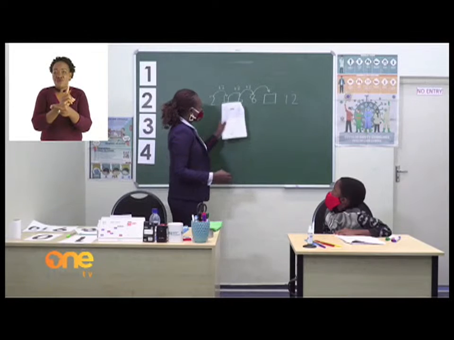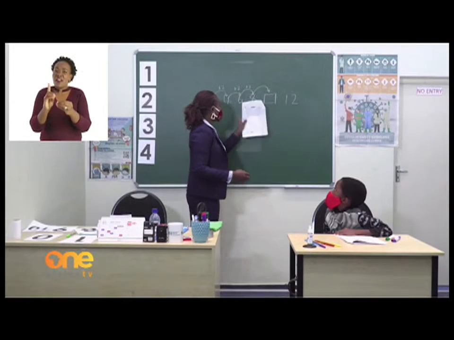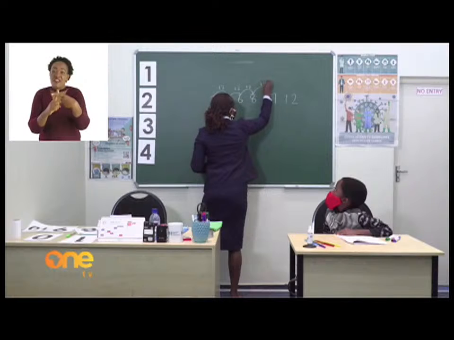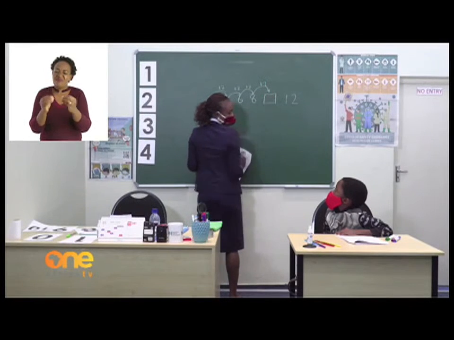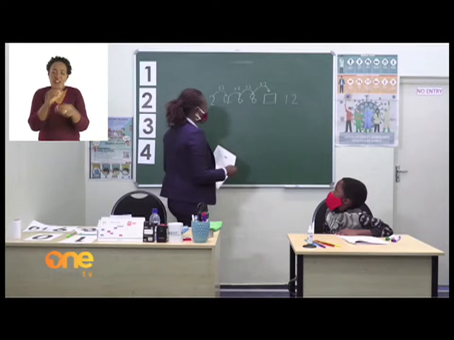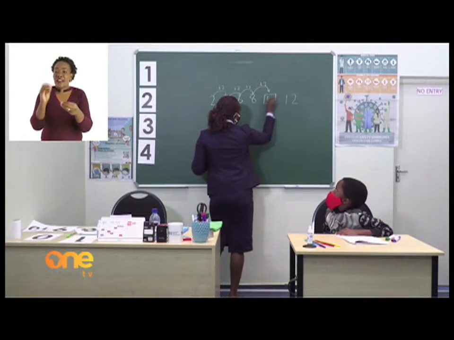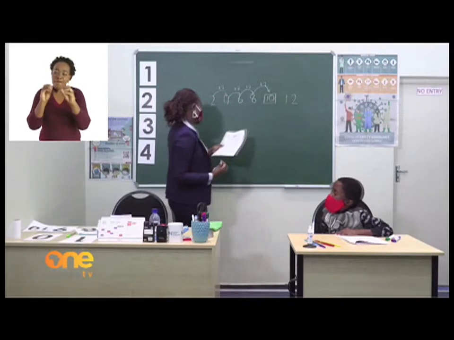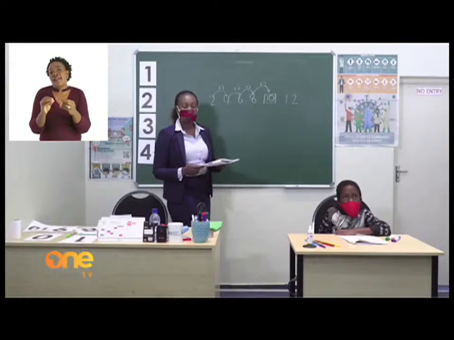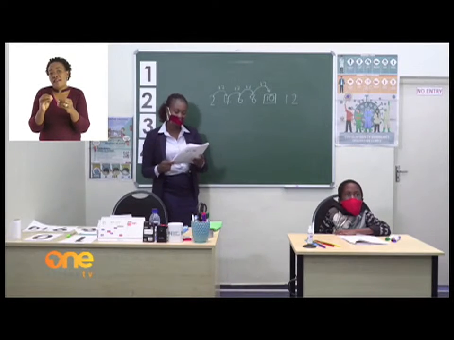So we say 8 plus 2 because we are adding 2. What is 8 plus 2, my friends? 10. Very good. So the missing number here is 10. Okay. I'll do number 4 with you from our booklet.